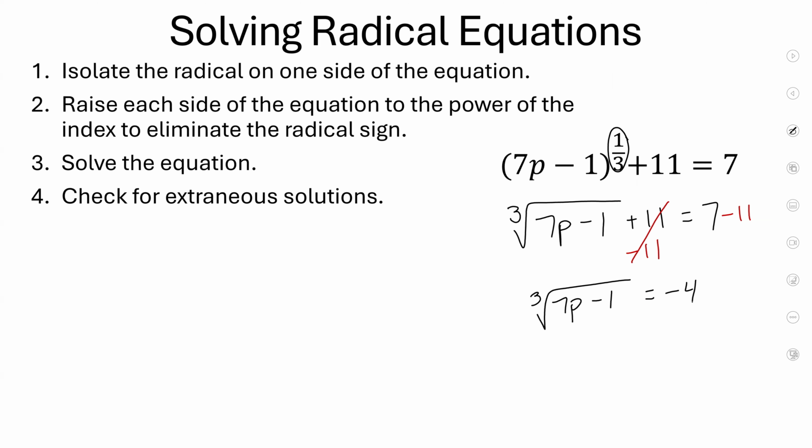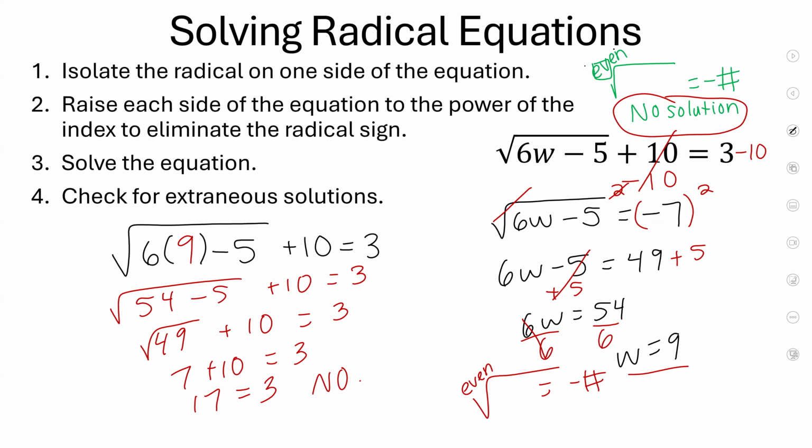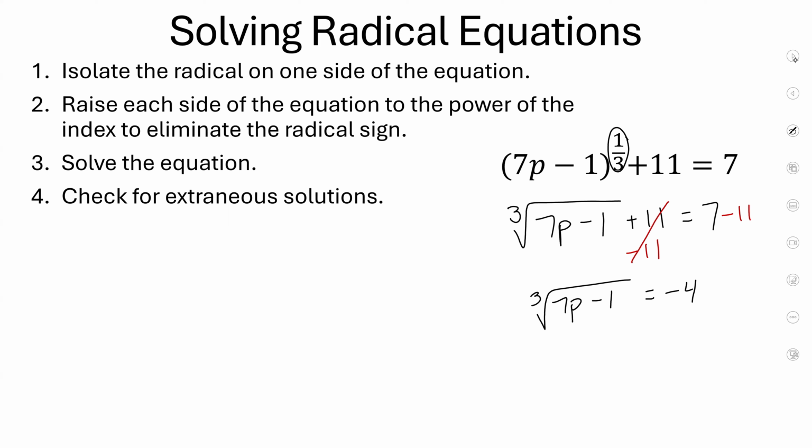Let's look back at the notes. What did I say? When it's even, it's no solution. Is 3 even? That's odd. So we can do this. The reason why is because you do cubed roots of negatives all the time. What's the answer to this one? -2. You can do negative numbers with the cubed root. You just can't do it with the even.